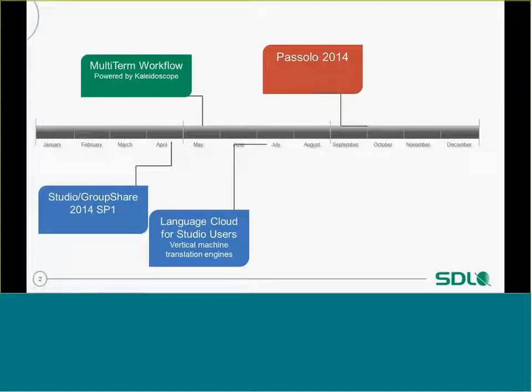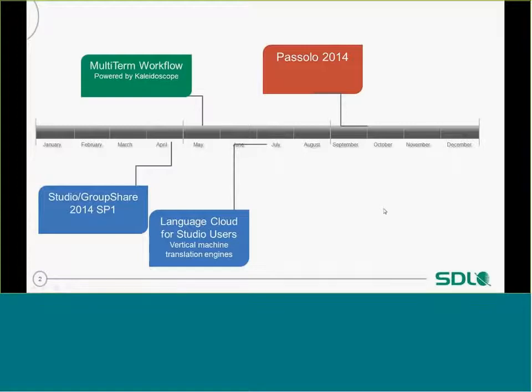And towards June, July, most likely July, we're looking at launching some improvements to the machine translation within Studio. So the vertical engines, which I'll talk to you about in a minute. And finally, we're looking at a release of PASO, which is our software localization tool, in September.